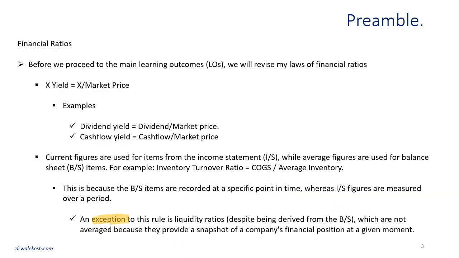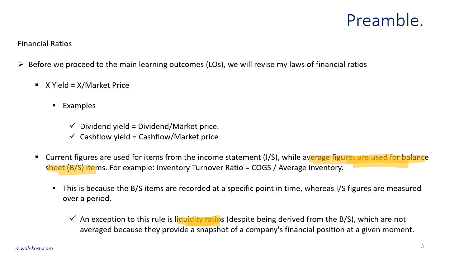There is an exception to this rule here. To be more specific, an exception to the rule of finding average of items on the balance sheet, and that exception to the rule is liquidity ratios.